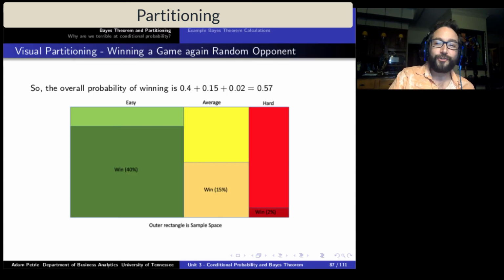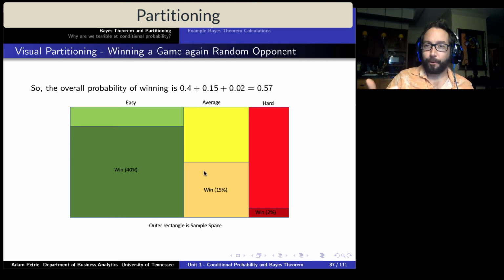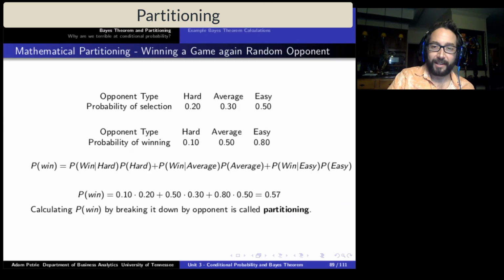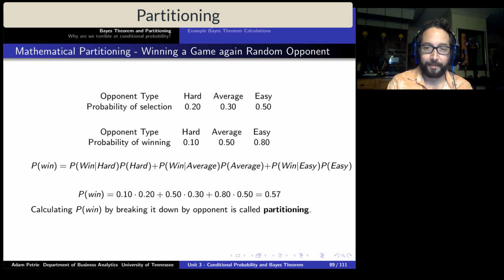I think visually the partitioning makes sense because we're taking the sample space and partitioning it into various bits, and we're adding up the appropriate bits to get the probability of our event of interest. And we can also think of partitioning as essentially taking overlaps of events and splitting them up into probabilities that we can actually compute based on the information that's given to us in the problem itself.